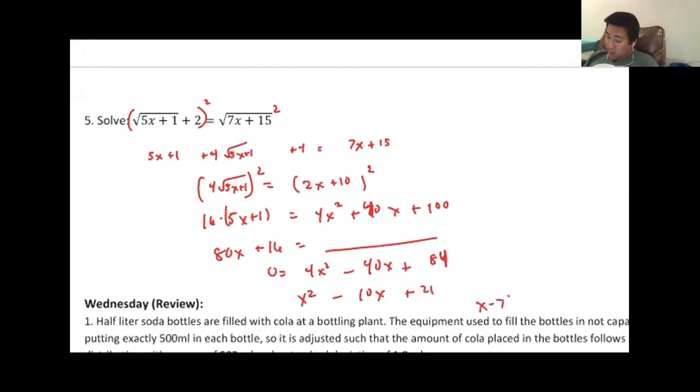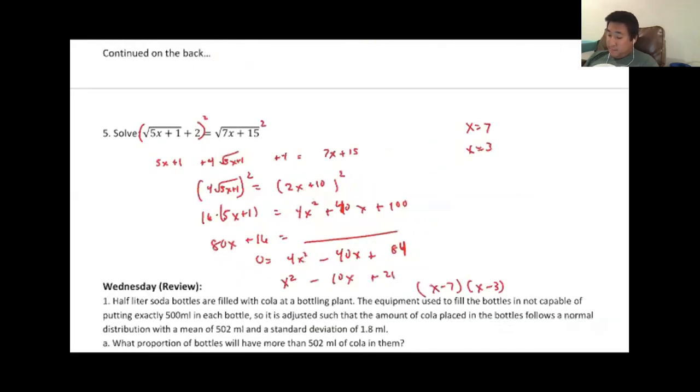So x minus 7, x minus 3, x equals 7, x equals 3. And you need to check them to see which one works.